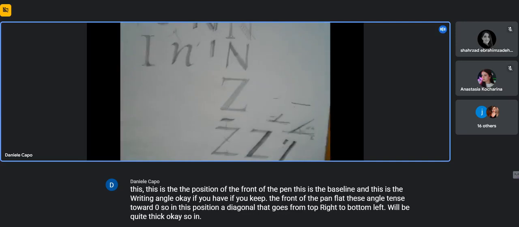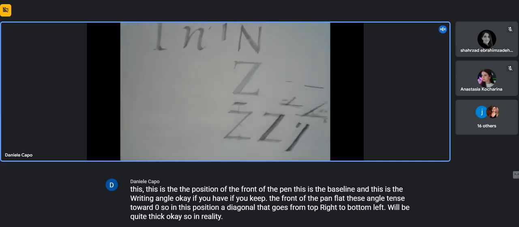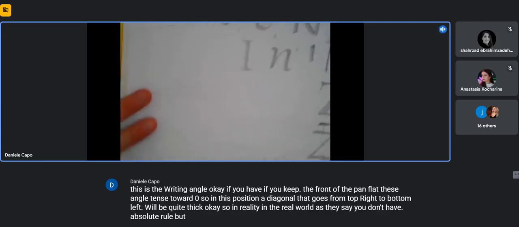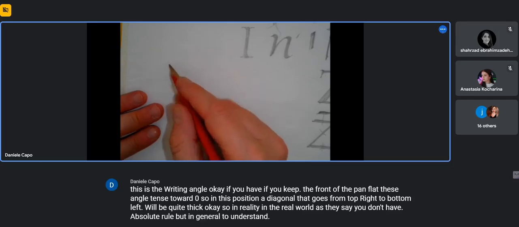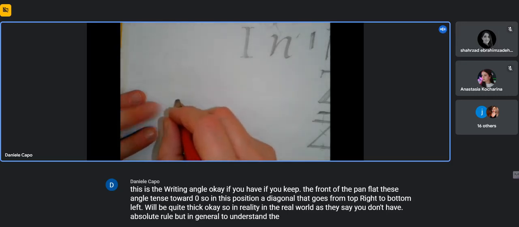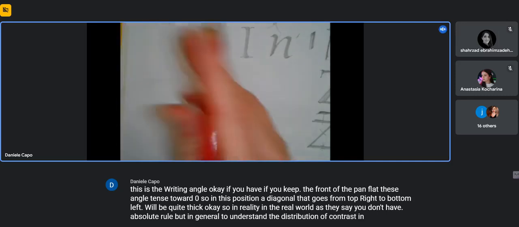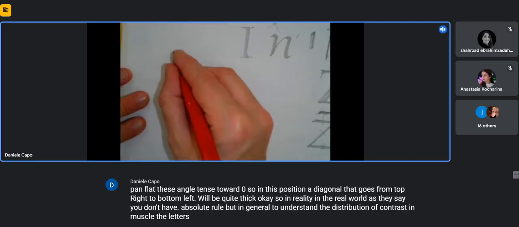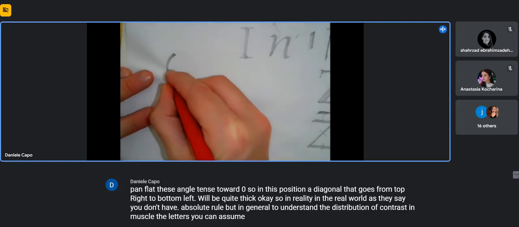Okay, so in reality, in the real world, as they say, you don't have an absolute rule. But in general, to understand the distribution of contrast in most of the letters, you can assume this.